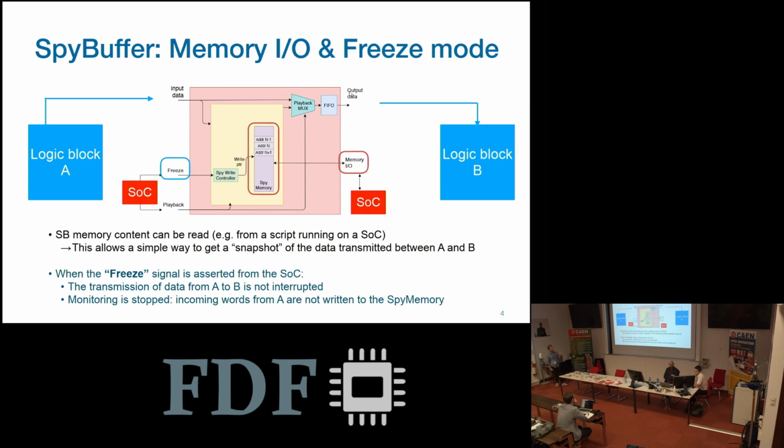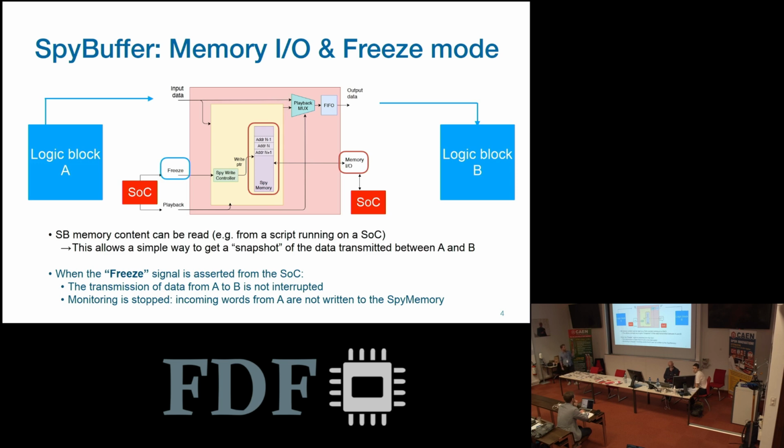The interesting part is where you can actually run some interaction with the memory of the Spybuffer, because as I was saying, this is a circular buffer that is constantly written, and you can issue from your SoC, for instance, the freeze command, and this will tell the memory to stop writing everything that is incoming from A. But at the same time, what will be sent from A to B, in principle, would be occurring without any issue.